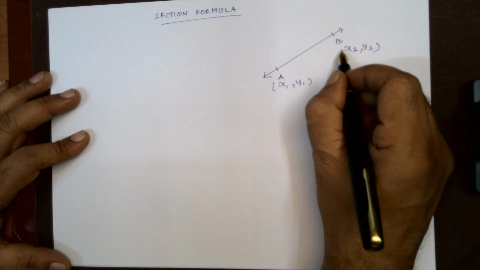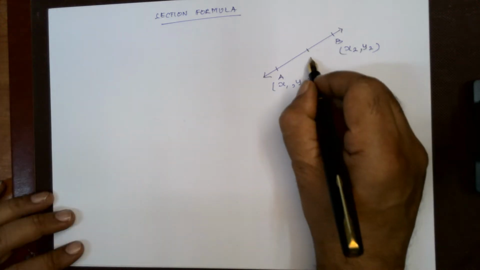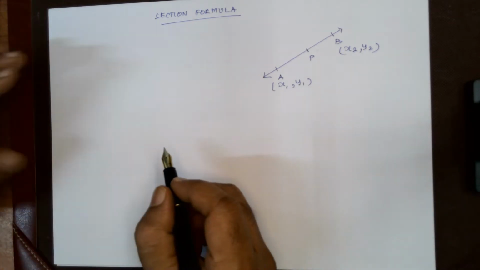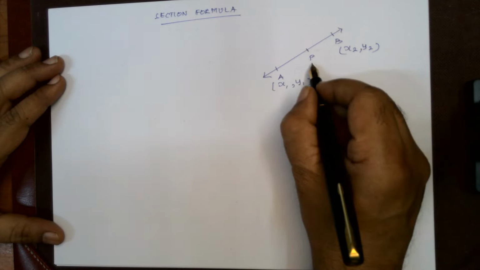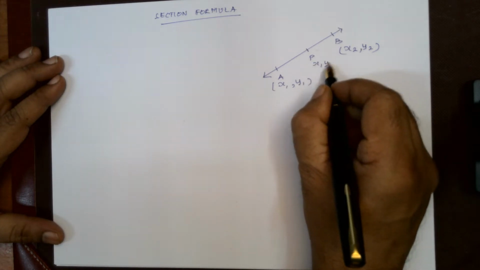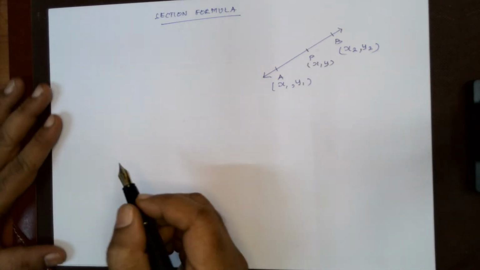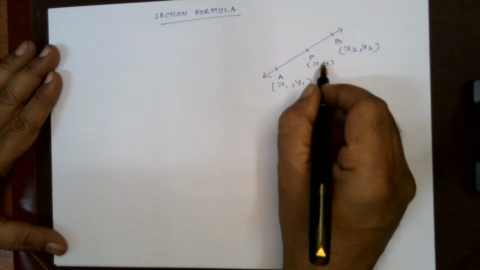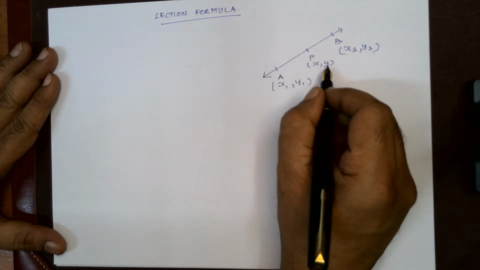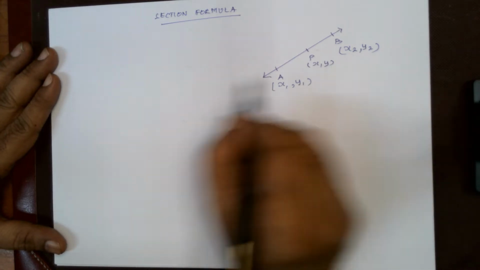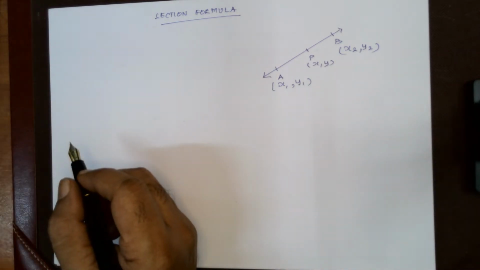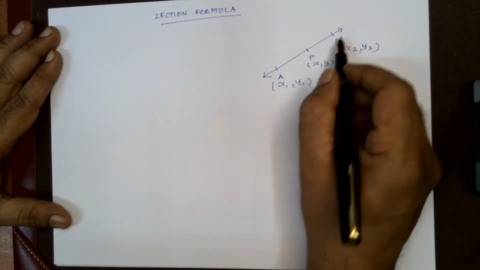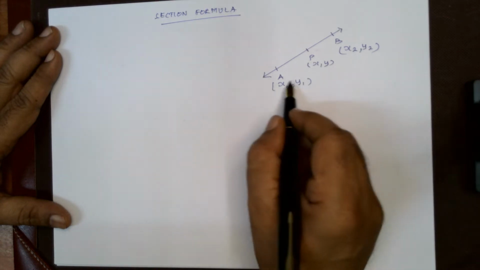P is in between anywhere, and let us indicate its point as x and y. Now the coordinates of this point P, that is x, y, divides the line segment AB. A is represented by x1, y1.